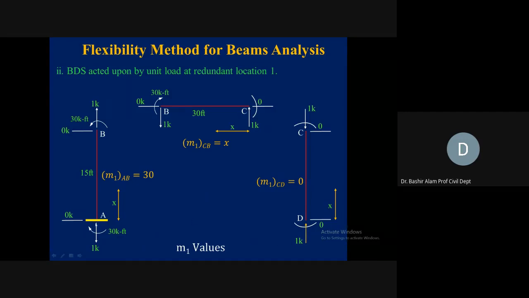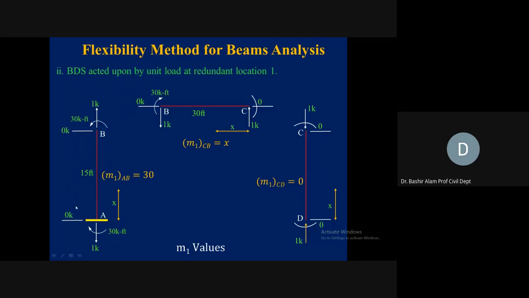Now, let's start analyzing each member and each joint. AB: let's analyze this. 1 kip in downward direction, so 1 kip in upward direction at joint B. Summation of Fy is satisfied. Summation of Fx, 0 at A, so 0 at B. Summation of Fx is satisfied. Moment, 30 kip-feet clockwise, so 30 kip-feet counterclockwise.